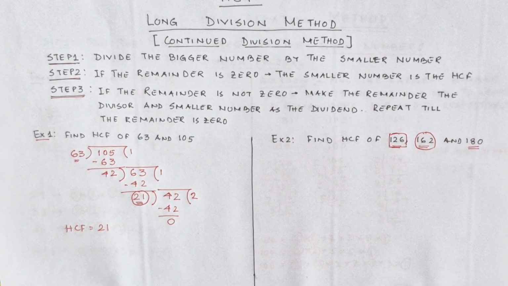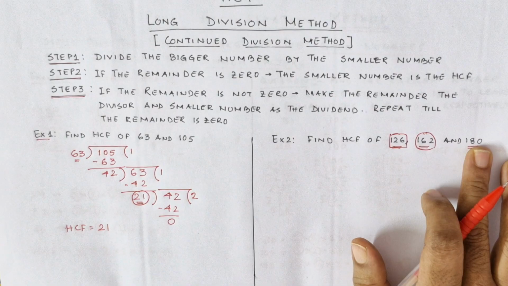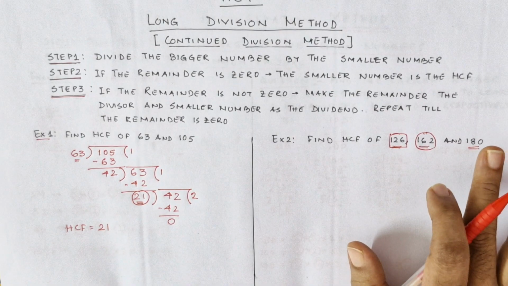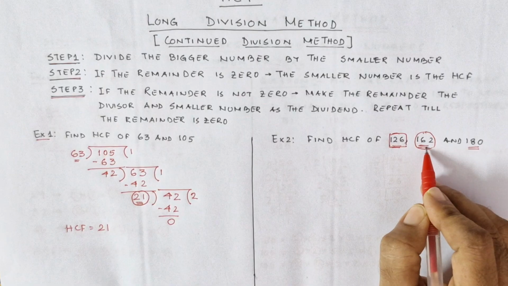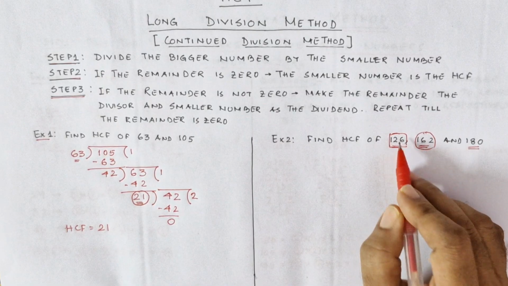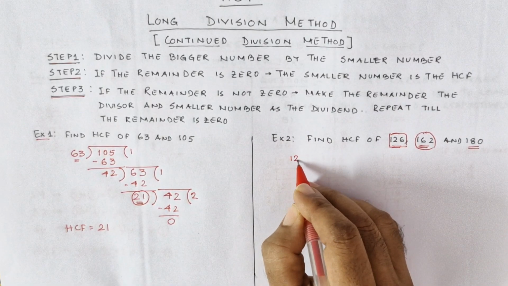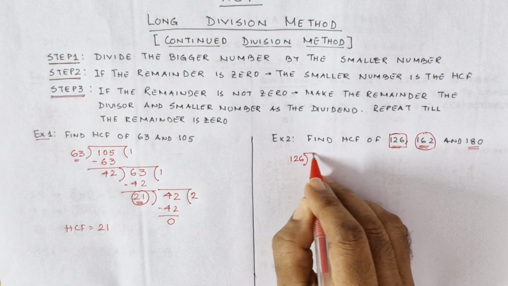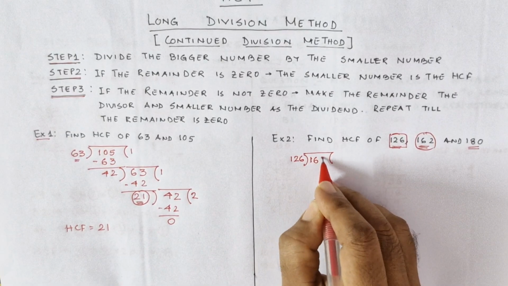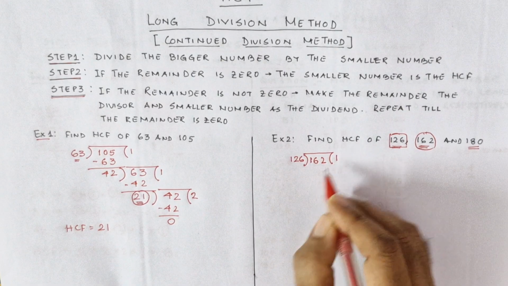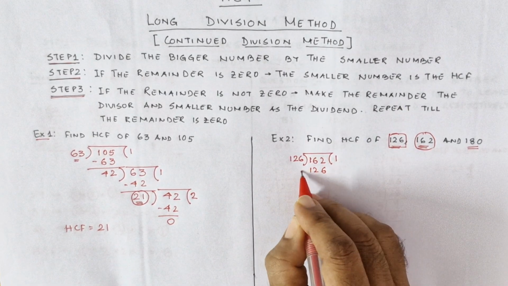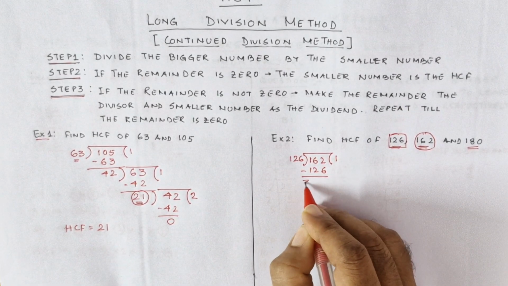Here 126, the smallest, and 180, the largest, we'll leave for now. We'll try to divide 162, the bigger number, by the smaller number. Subtract, and this is 36.